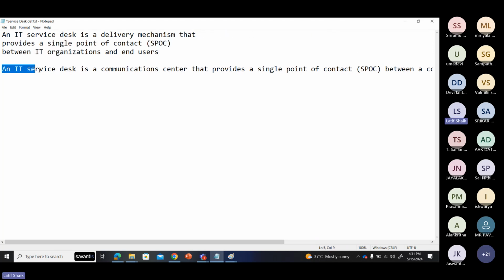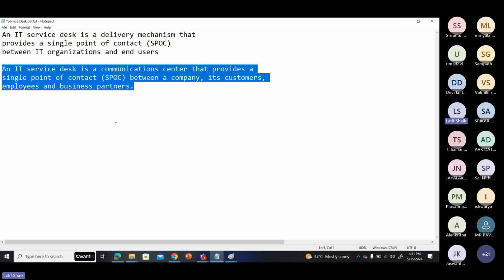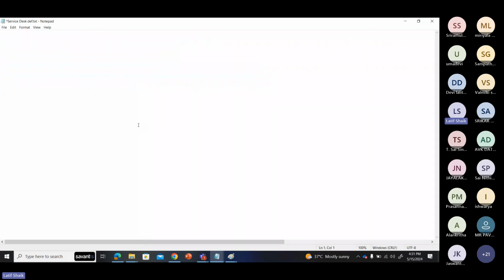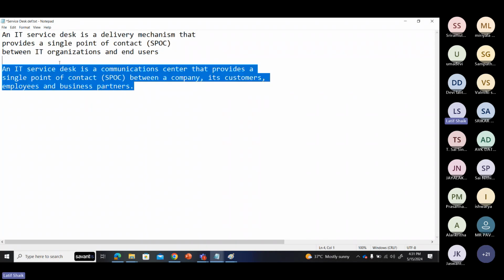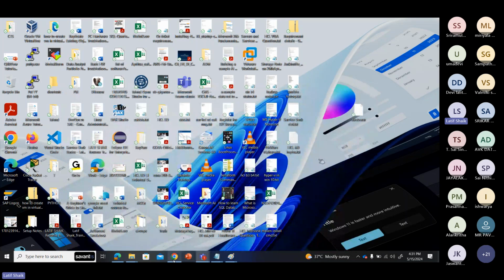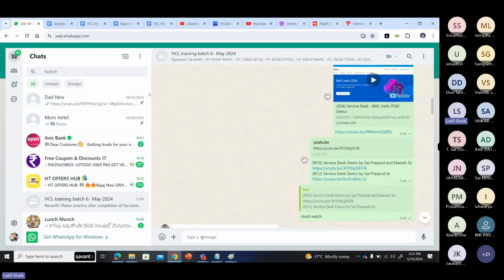An IT service desk is a communication center that provides a single point of contact between the company and its customers, IT employees, and business partners. You can give any definition, but it should not have a different meaning.